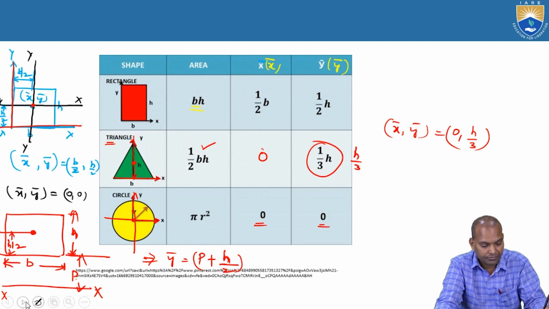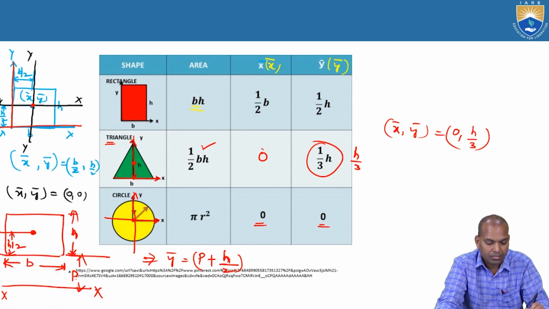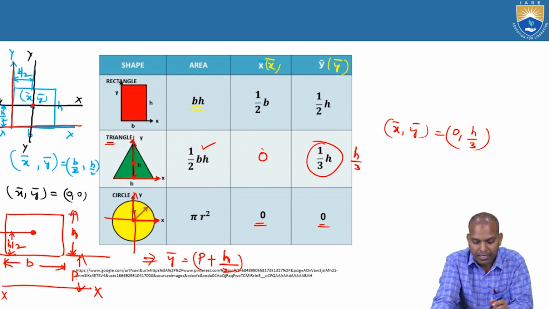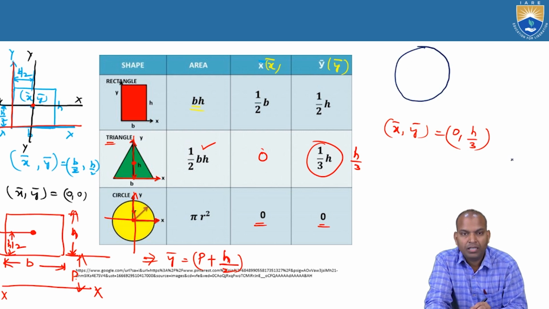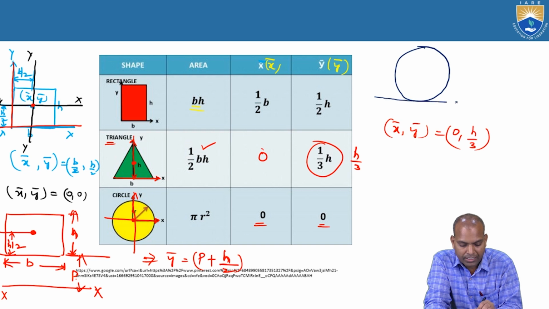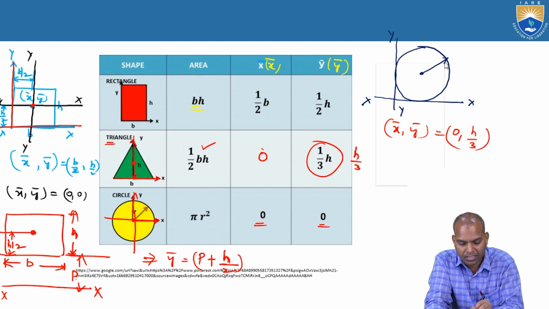Suppose for a circle, all of you pay attention. Here it is, I consider the circle. The reference axis xx is here, and the reference axis yy. This is the center. What is the radius? The radius is r.